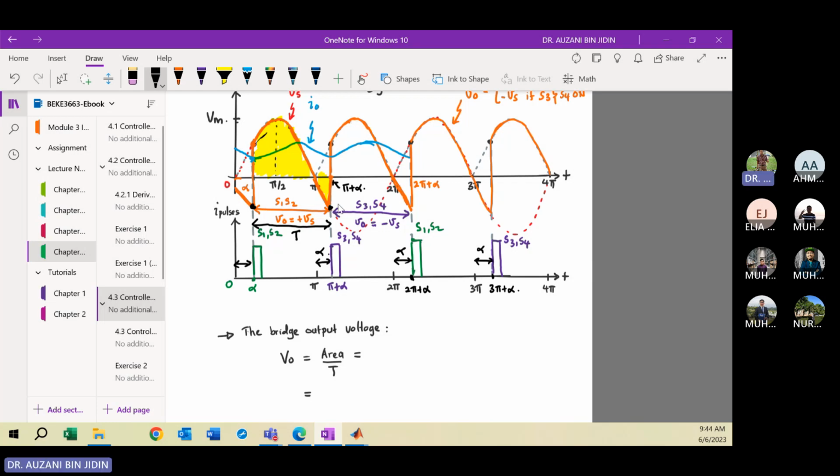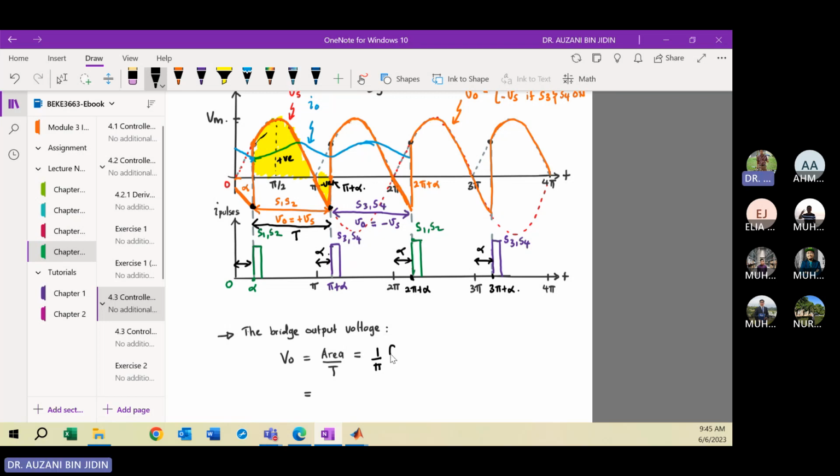So it's not 2 pi. Actually your period is the same as the previous, which is pi. So we agree that T is pi.